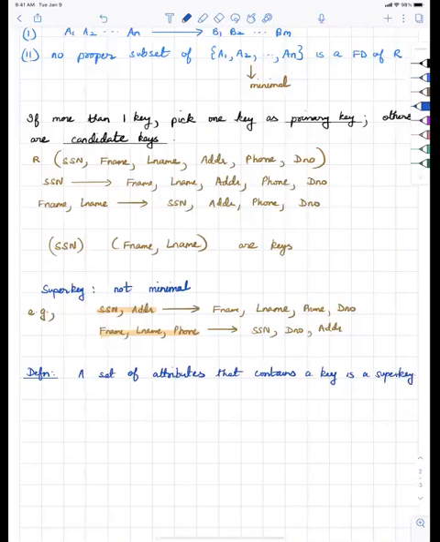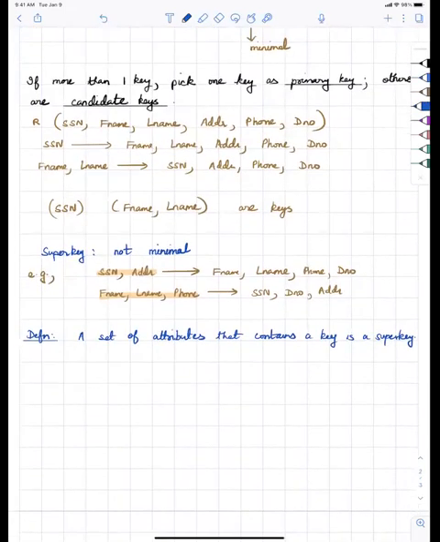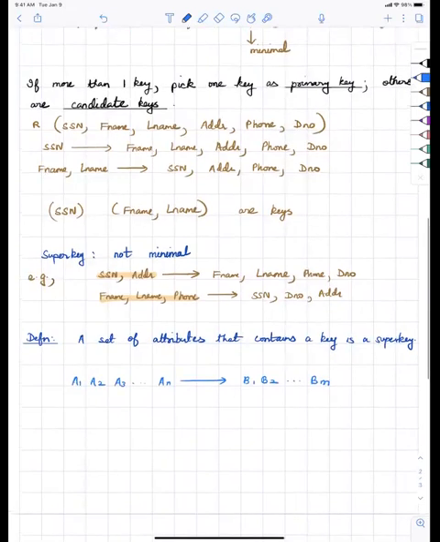That's a super key. So we had that A1, A2, A3 to AN going to B1, B2, BM. So in this A1, A2, A3, and so on to AN, if you have B1, B2, that's a super key. Or even if you go all the way to BM, it doesn't matter.